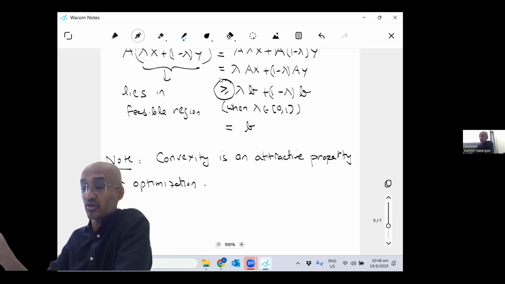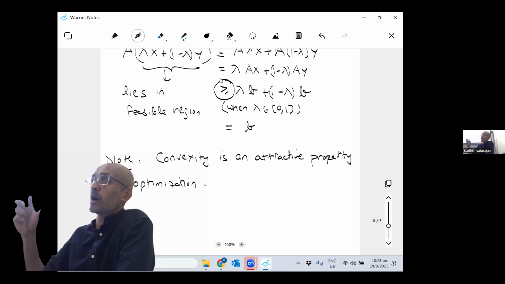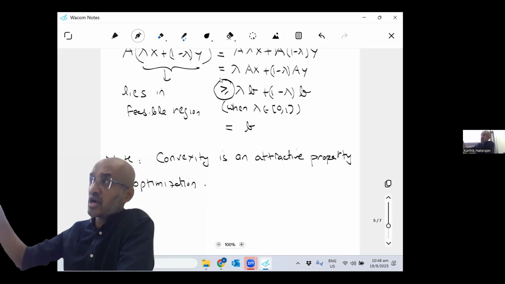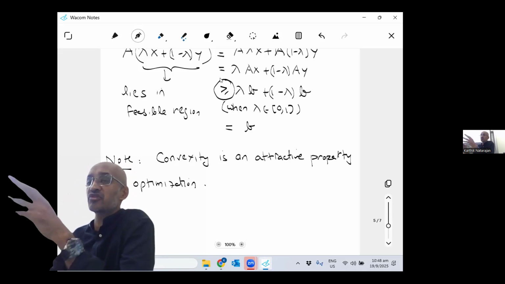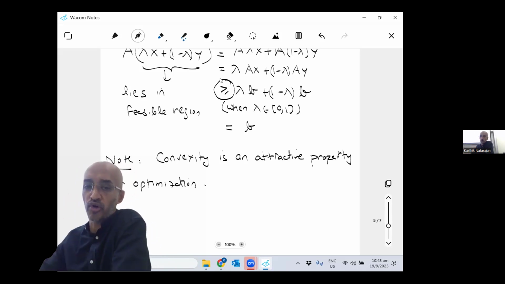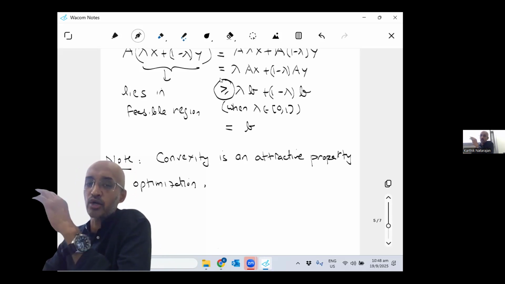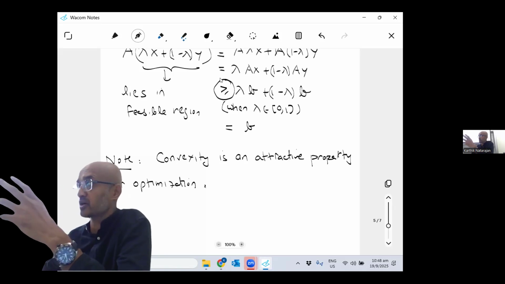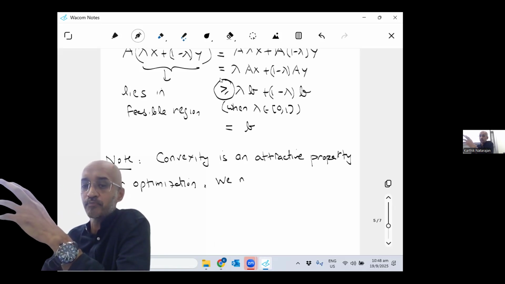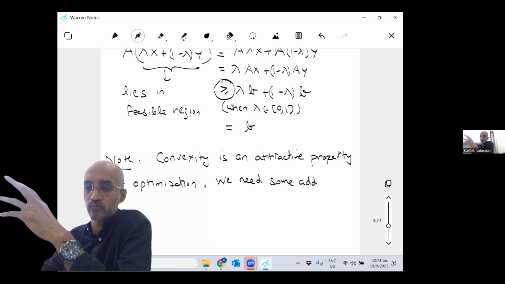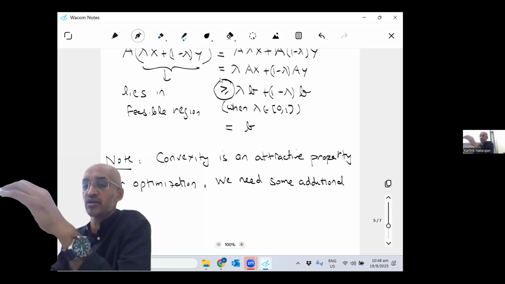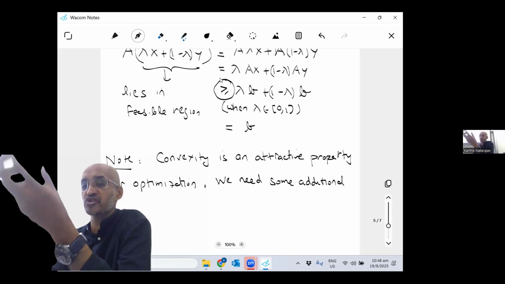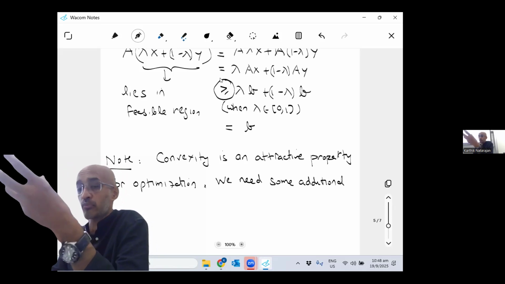You require something else. You need to be able to compute either the gradients or subgradients efficiently. When we look at the feasible region, we need some properties of the feasible region. We'll come back to this when we talk later about the ellipsoid method and so on. Convexity is a very useful and beautiful property, and when problems are solvable efficiently, it becomes important.